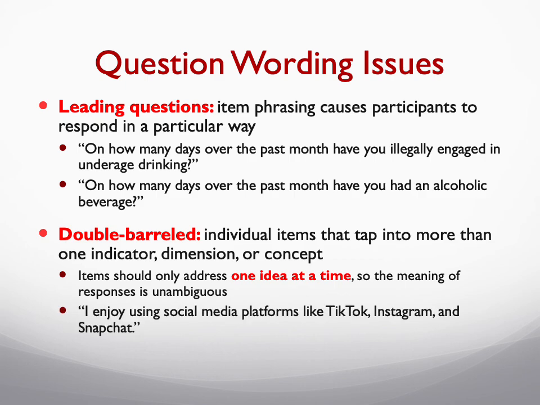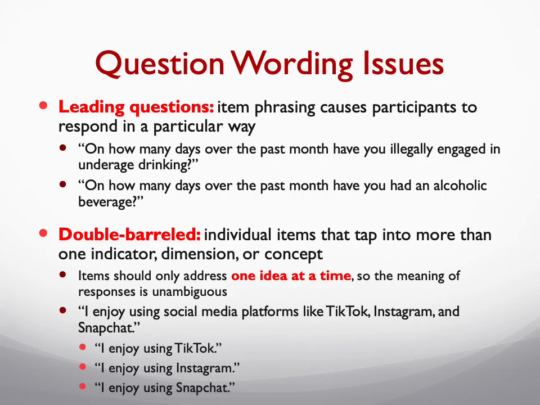So for example, if I posed a question to people, maybe an agree-disagree scale, and said, rate your agreement with this item: I enjoy using social media platforms like TikTok, Instagram, and Snapchat. Rather than that big, in this case, triple-barreled item, asking about 3 different kinds of social media use, I might say, hey, tell me your agreement with these 3 items. I enjoy using TikTok. I enjoy using Instagram. I enjoy using Snapchat. This is just going to make it less ambiguous.